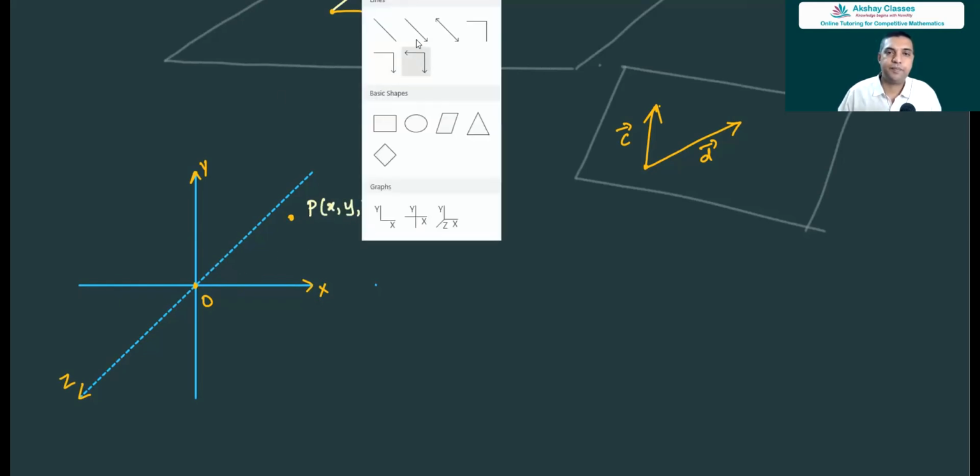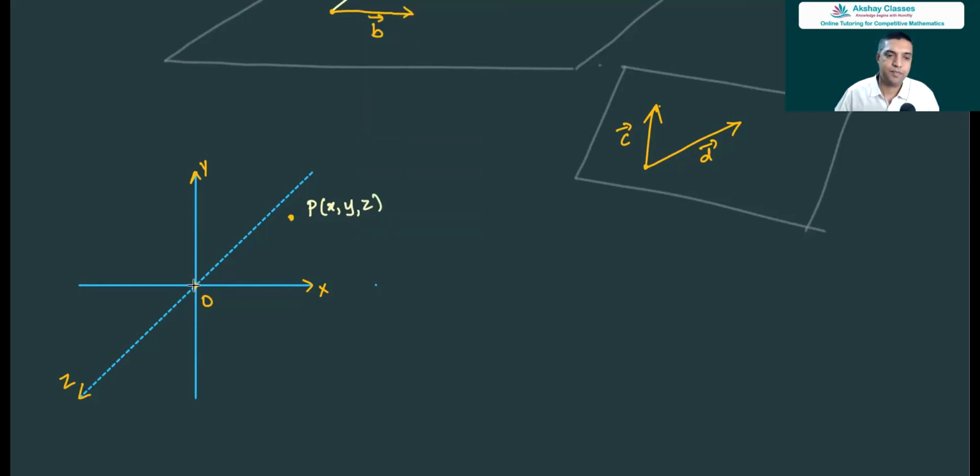So this vector OP bar is called the position vector. This plays a very key role in all vector calculus problems.